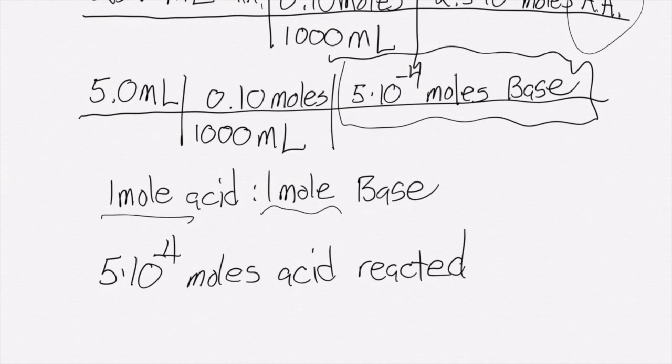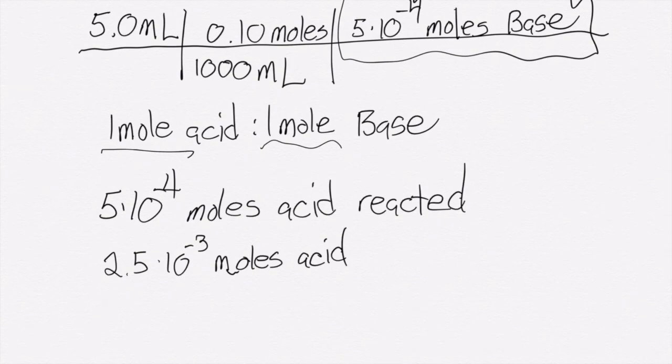So let's figure out how much is left. I had 2.5 times 10 to the minus third moles of acid initially, and I've used 5 times 10 to the minus fourth moles of acid by reacting it with that base. That is, I have used 0.5 times 10 to the minus third.